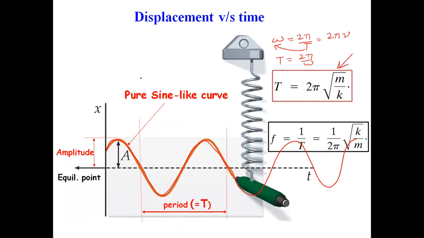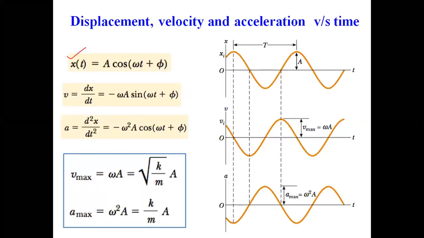Okay, sir. So I have just plotted the function. x is a cosine function with a fixed amplitude. This one is the fixed amplitude. Since it is a cosine function, I assume that this point is t equal to 0, so it starts from maximum amplitude here. And velocity is the first order derivative of displacement.